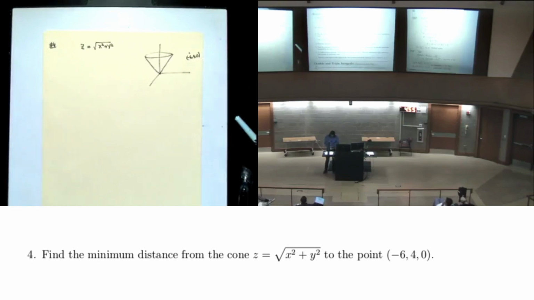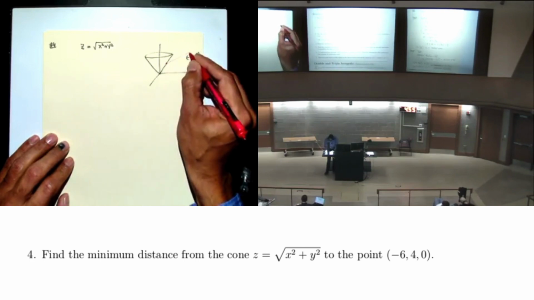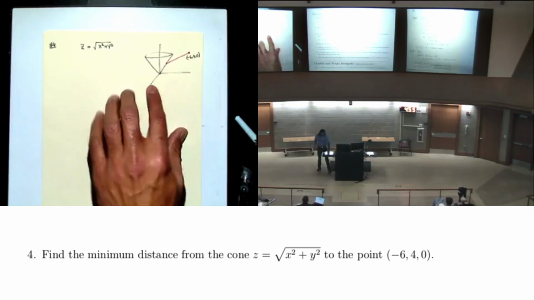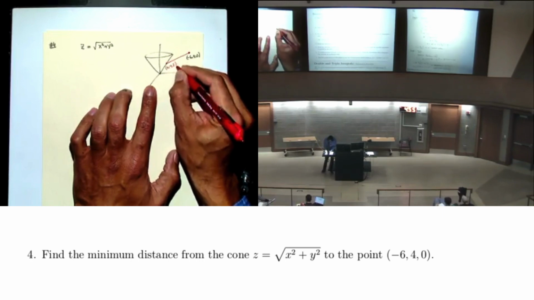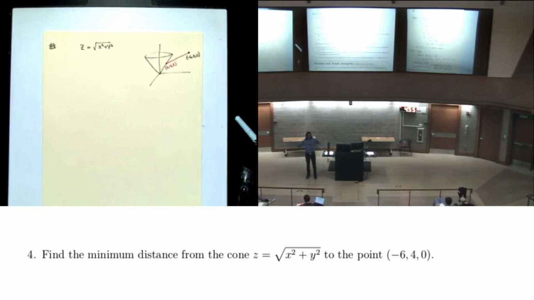What we want to do is find a point on the cone which is the closest to this point. This is our problem. So let's suppose you take a point x, y, z. I want to find the coordinates of x, y, z so that this point is very close to the point -6, 4, and 0.